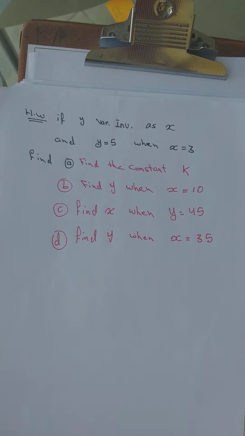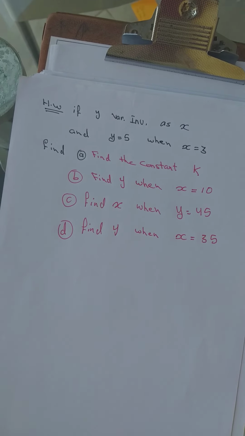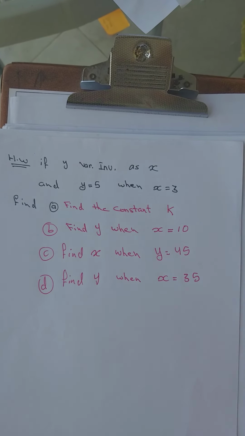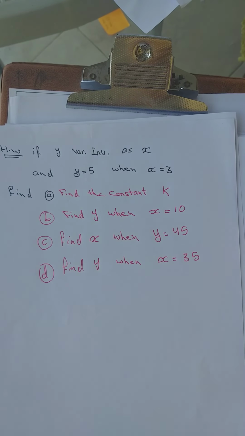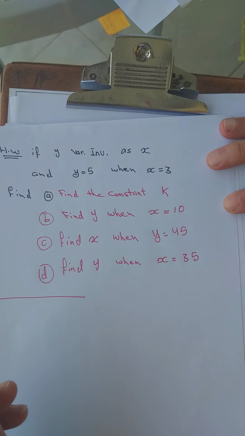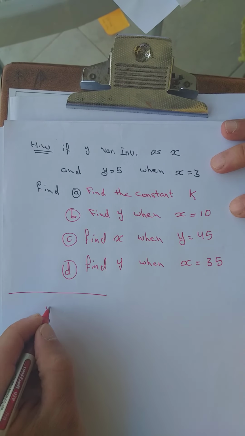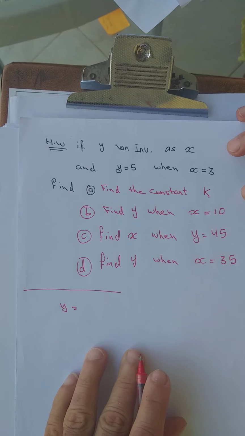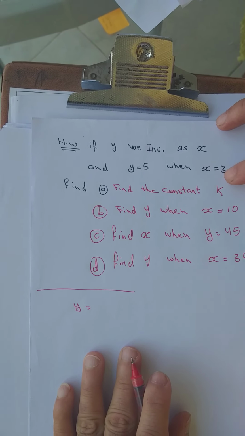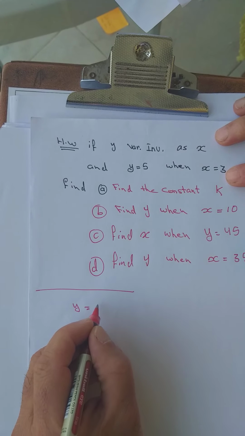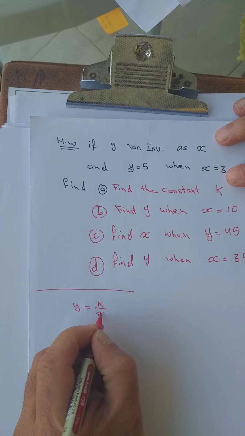Okay, last part in this section is inverse function. This is inverse variation, y equals k over x.